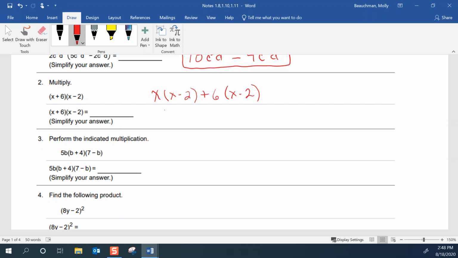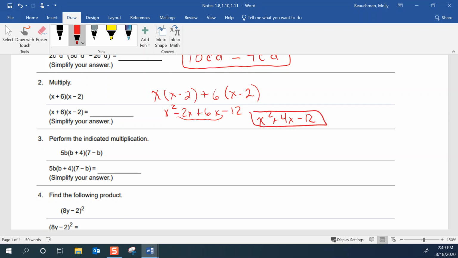X times x is x squared. X times negative 2 is minus 2x. 6 times x is plus 6x. 6 times negative 2 is minus 12. Add like terms, we end up with x squared. These two are like terms. Negative 2 plus 6 is a positive 4x minus 12.